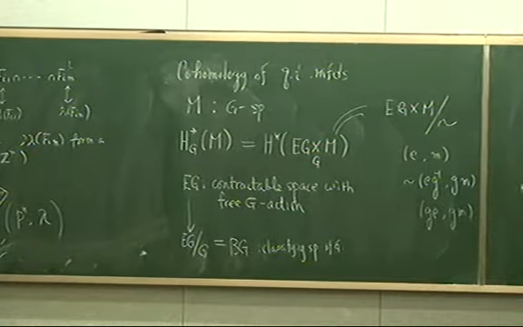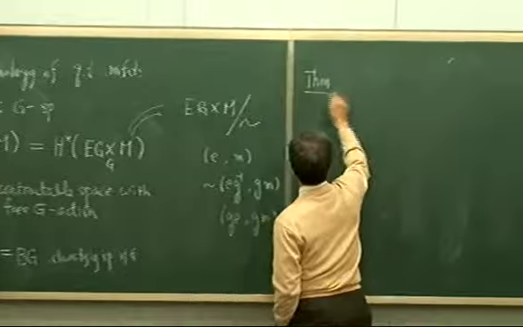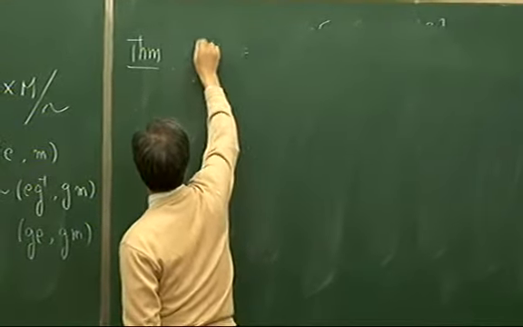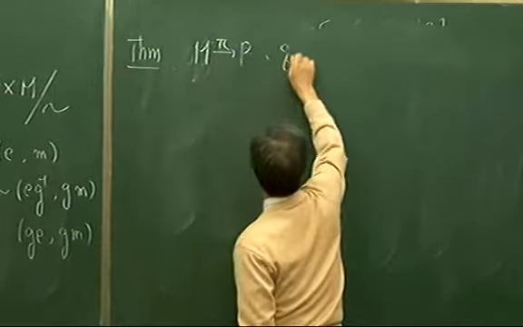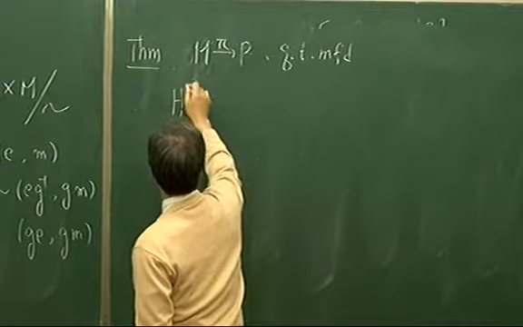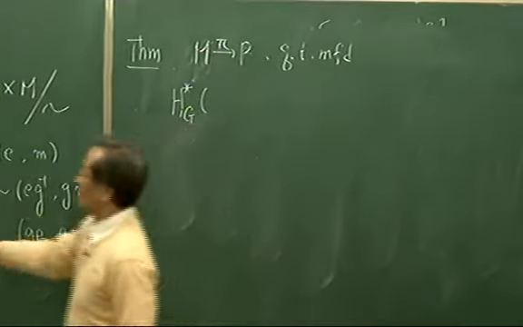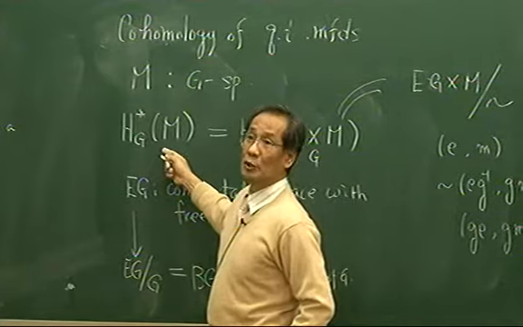But unfortunately, for the quasi-toric manifold case, what is known is that, so M P is a quasi-toric manifold, then H star G of M P, when I say star, I mean cohomology, I'm not just talking about cohomology group level.